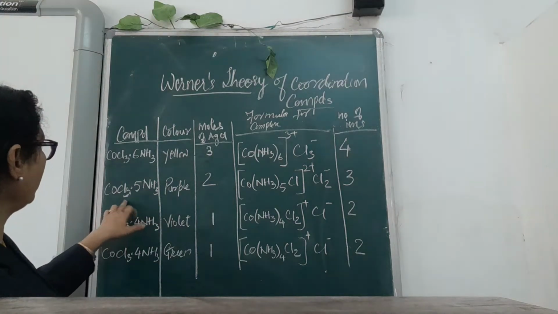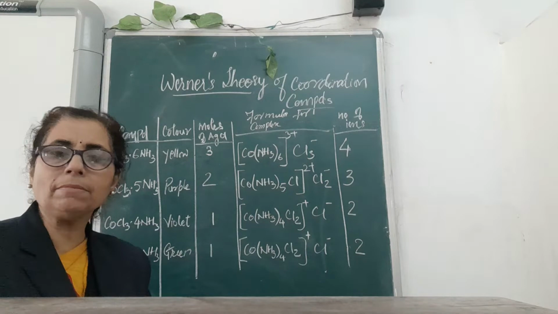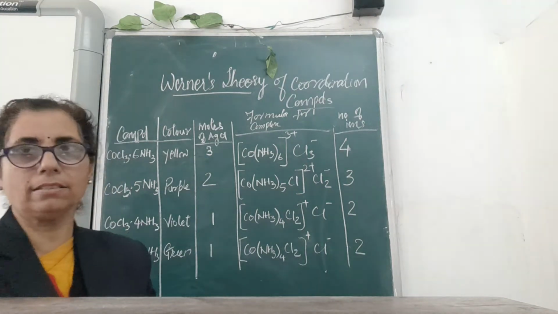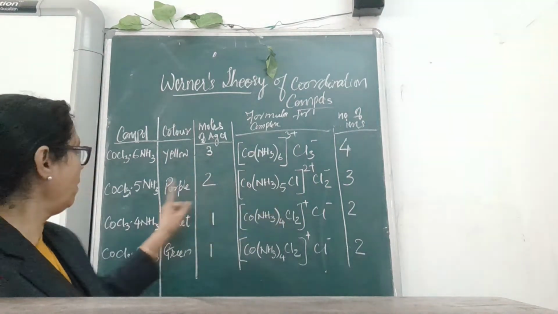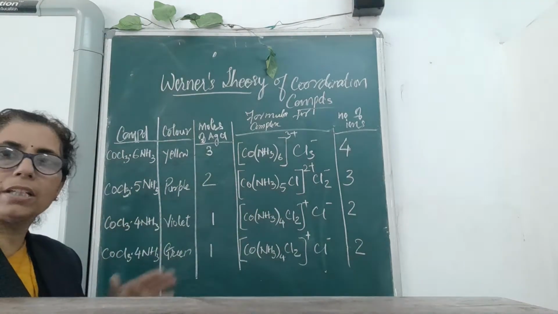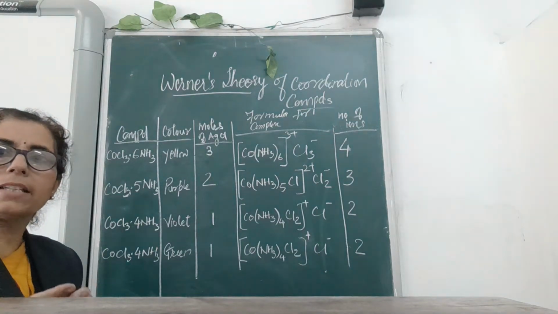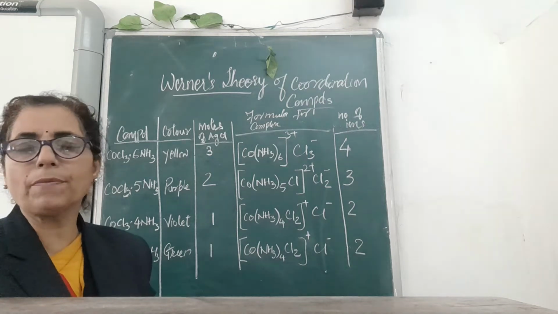How did this happen? The central metal atom has completed its ligand attachment. See, only 5 ammonia molecules were there, and 1 of the chlorides has entered from the counter ion into the complex. It is no more in the form of a counter ion.